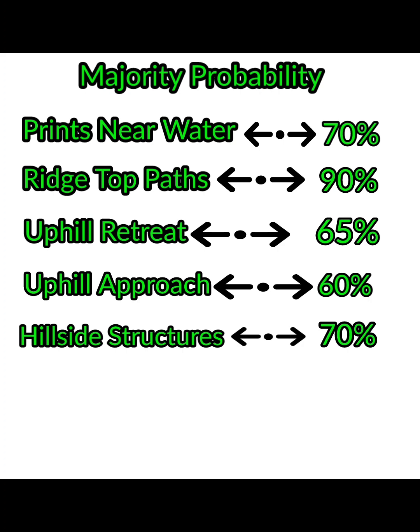And 65% of all sightings that I went through, the animal retreated uphill. And 60% of those incidences, the animal approached from uphill. And 70% of all tree structures are found on a hillside. Not the very top, not the very bottom, but on the hillside.